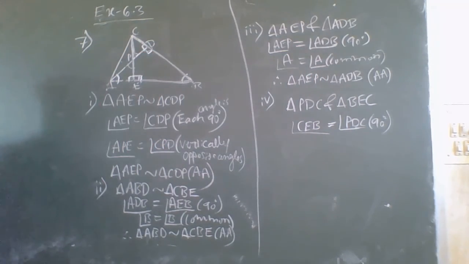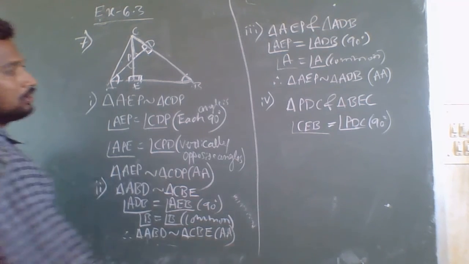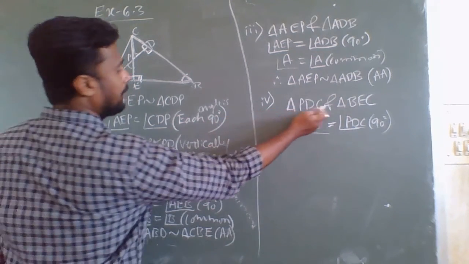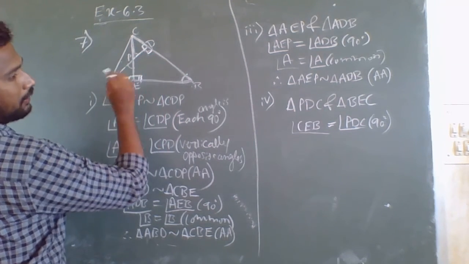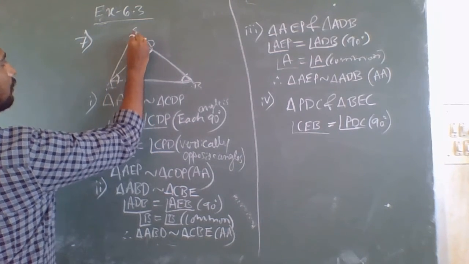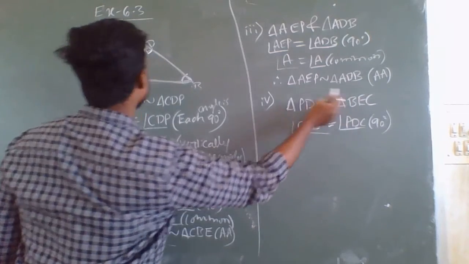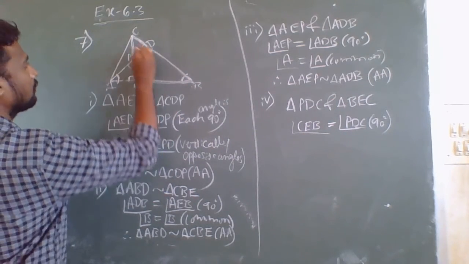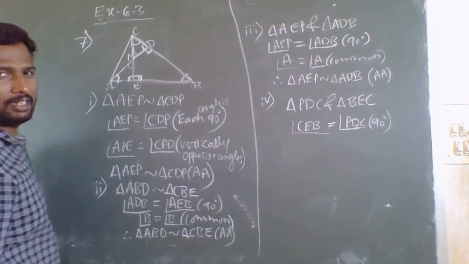Now again, in these two triangles, angle C is common. See here, in triangle PDC, C is there, and in BEC, C is also present. Therefore angle C is common in both triangles.